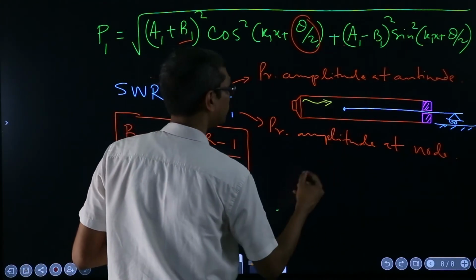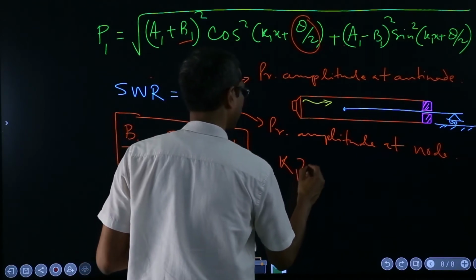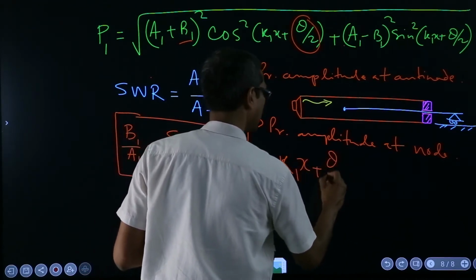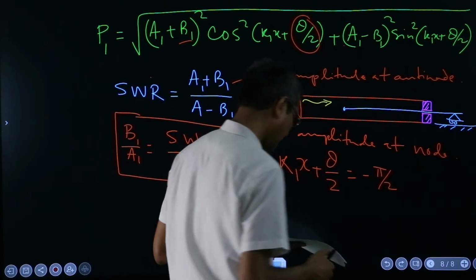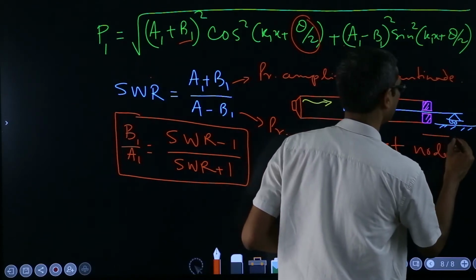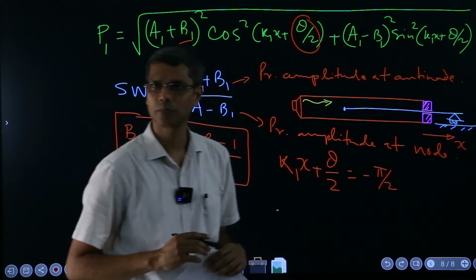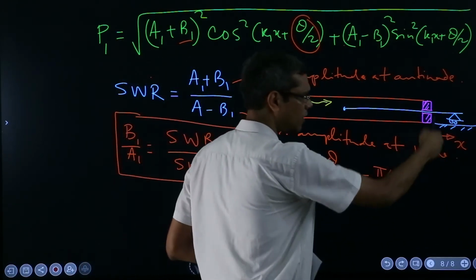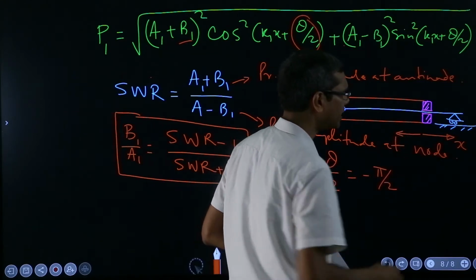So the sine square term will go to 1, and from there, if you replace that, you are substituting k1x plus theta over 2 to be minus pi over 2. You remember the formulation which we had derived, in that x positive was on that side and 0 was at that location, and x always positive on that side, and this side it was negative.